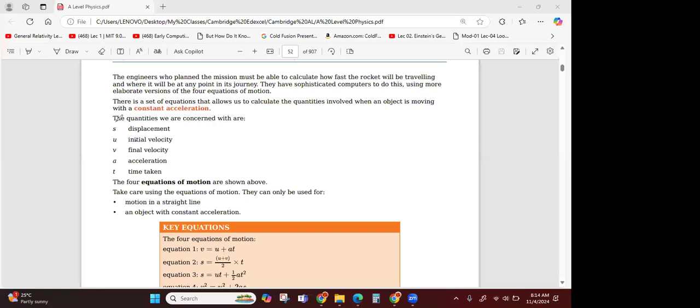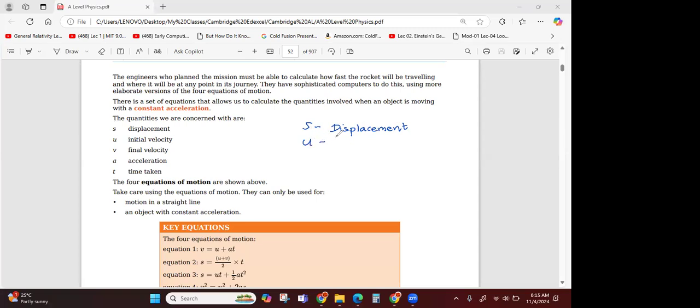First, S, which is the displacement. S for the displacement. U, initial velocity.